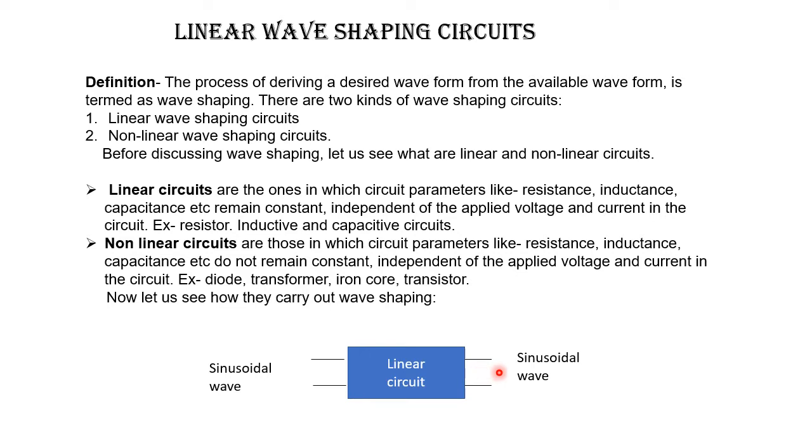This means that the output wave will also be of sinusoidal nature. The only difference is that the amplitude of the wave will be changed, or the power contained inside the wave will be changed, or some phase shift will be introduced in the wave, but the shape of the wave will remain the same.